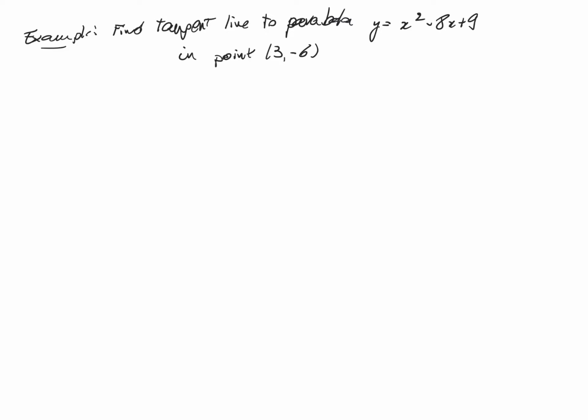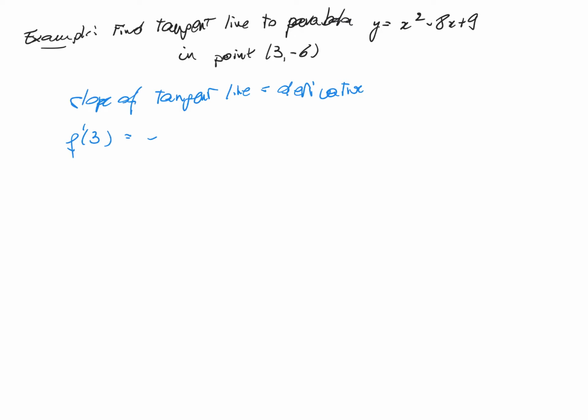From what we saw before, we know that the derivative is the slope of the tangent line, and so we will first have to calculate the derivative in the point (3, -6). So the slope of the tangent line is the derivative. So we have to calculate f prime in the point 3.